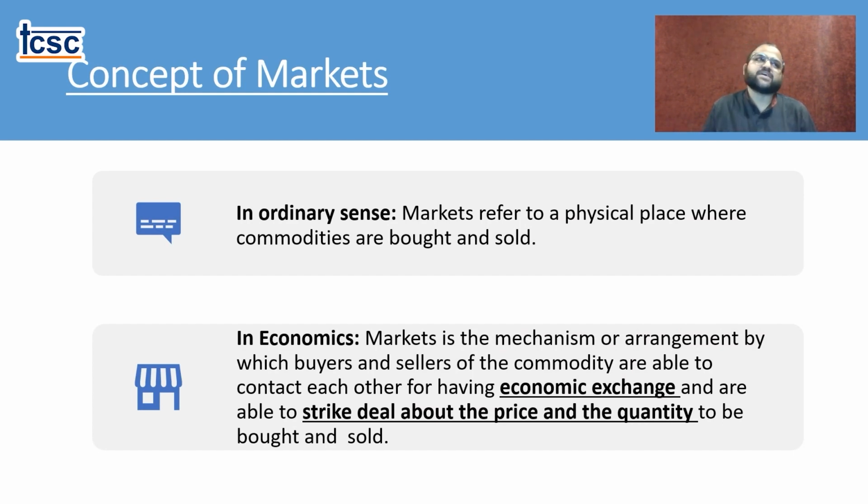For example, they ask you to associate it with a sabzi mandi or a sarafa bazaar or kapada bazaar, where the geographical, physical location matters a lot. But in economics, for us, it's an arrangement where the buyers and sellers are together. It is a contract identified with an economic exchange with respect to a price and a quantity.